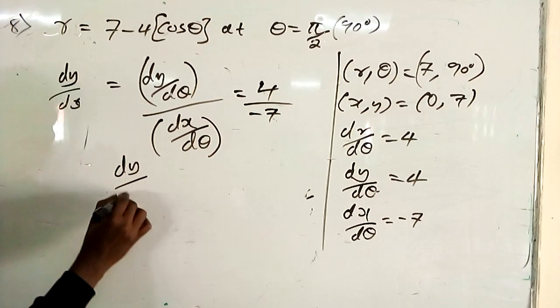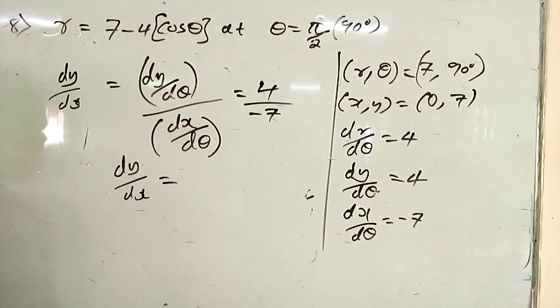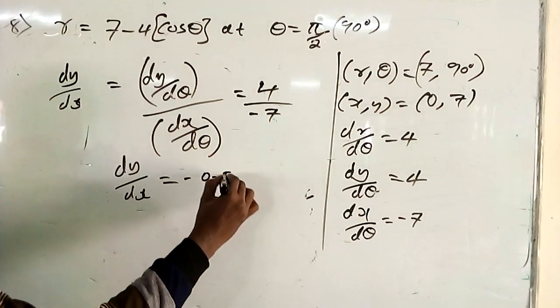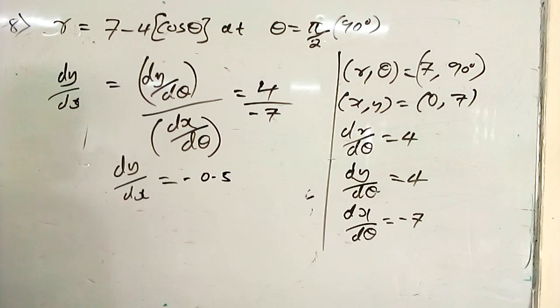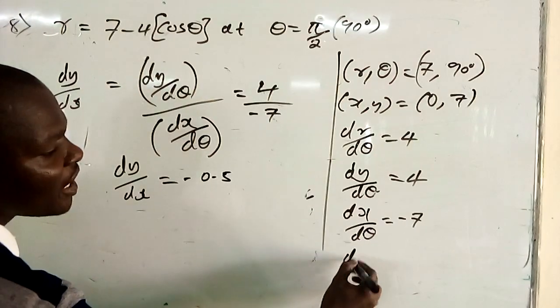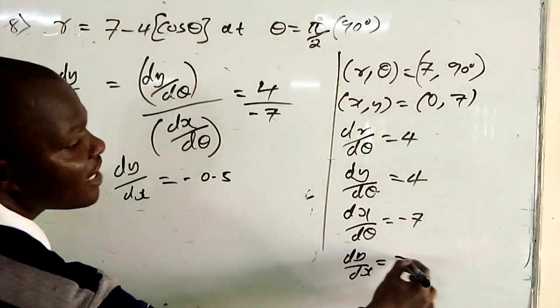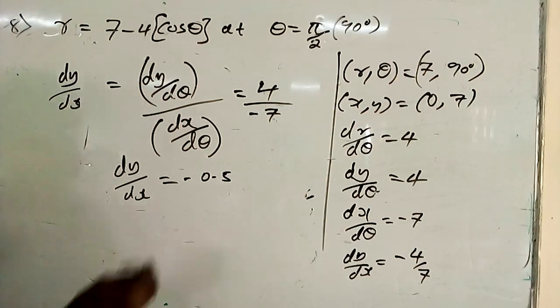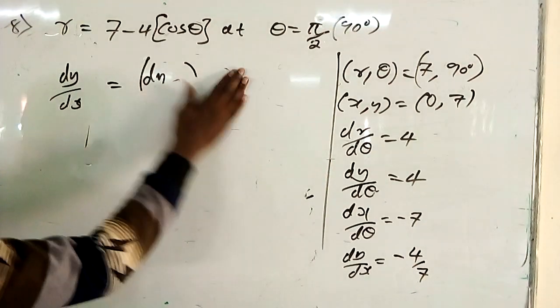So what is dy over dx? It is 4 divided by negative 7, which is negative 0.57. Or you can just leave it as negative 4 over 7, there's no problem. So dy over dx is negative 4 over 7. We are done with that.